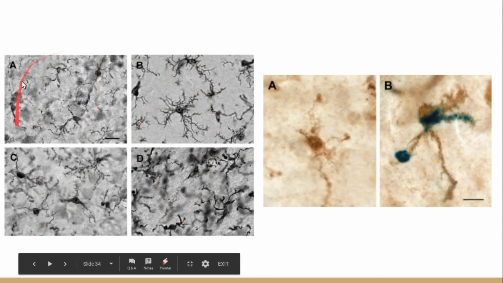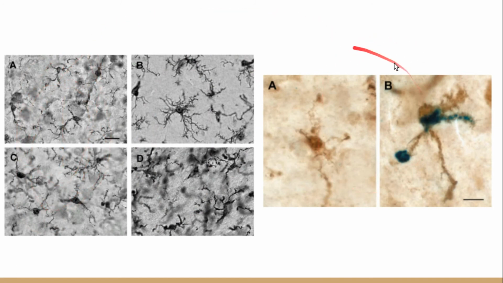On the left is an age-matched control. You see a similar pattern to what we saw on the last slide. On the right, we see that a lot of the iron, which is stained in green, is actually found inside of the reactive microglia. A lot of the excess iron is found sequestered in these microglial cells.